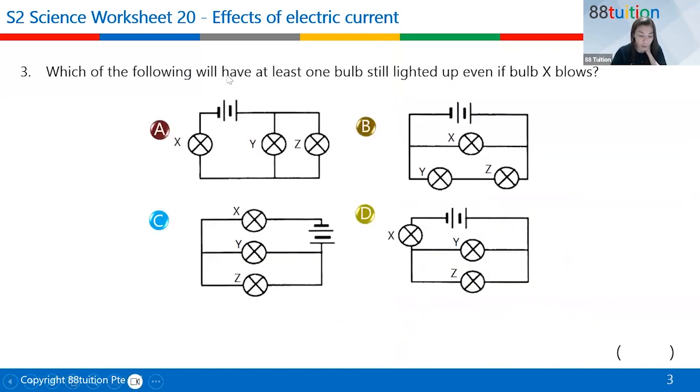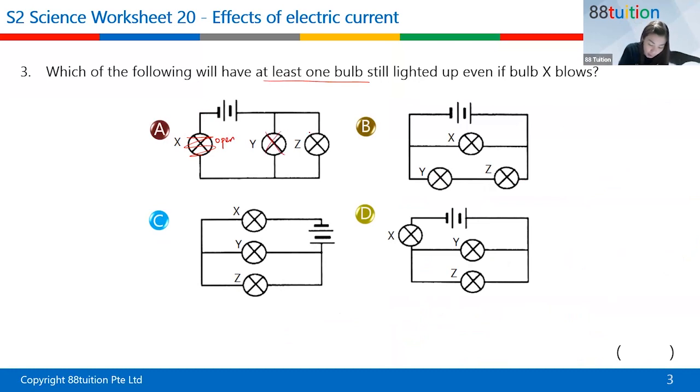Now, which of the following here will have at least one bulb still lit? At least one bulb still lit, even if bulb X were to blow. Okay, so now I'm going to indicate like this. So you see, current cannot actually flow because there is an open circuit here. So current can't flow.